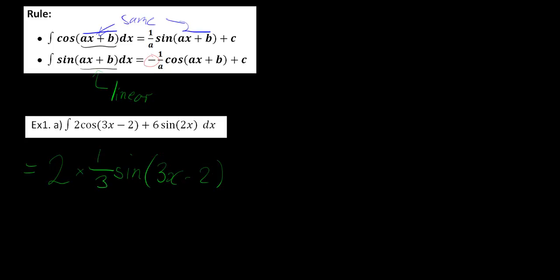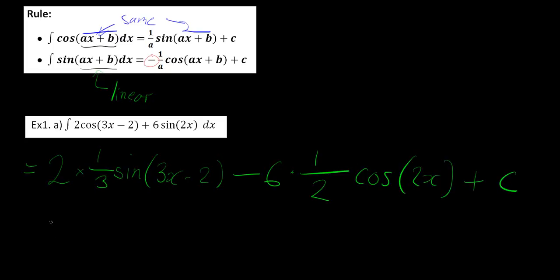And this sine over here turns into cos, but remember that the sign changes. If you anti-differentiate sine, it's going to turn into negative cos. So we have negative 6, which is what's in front, multiplied by 1 on 2. And sine is now cos. 2x stays the same, and add c towards the end.